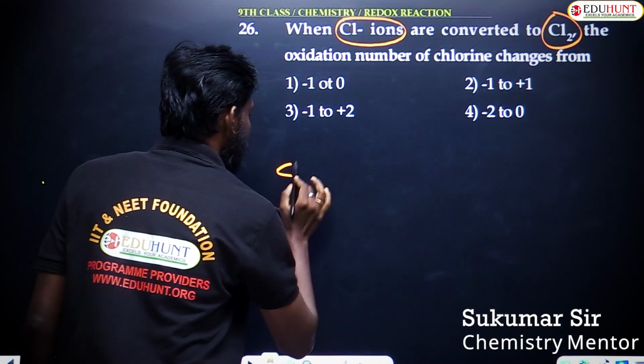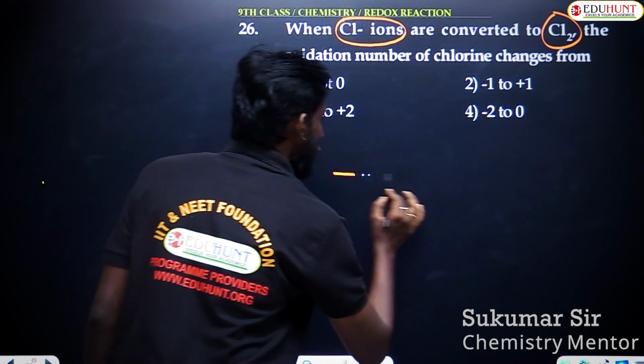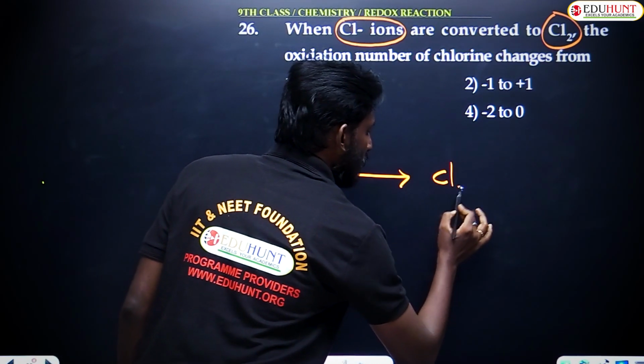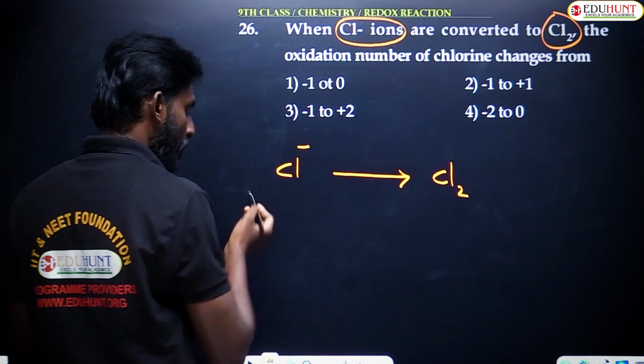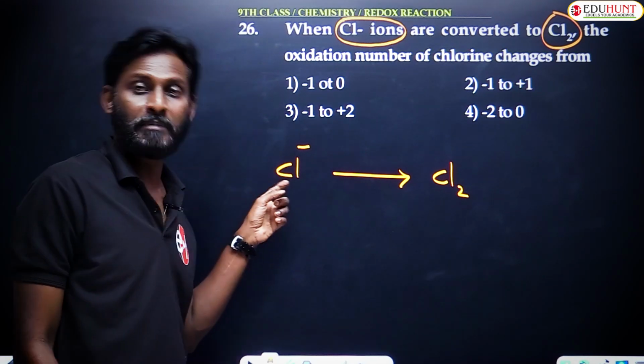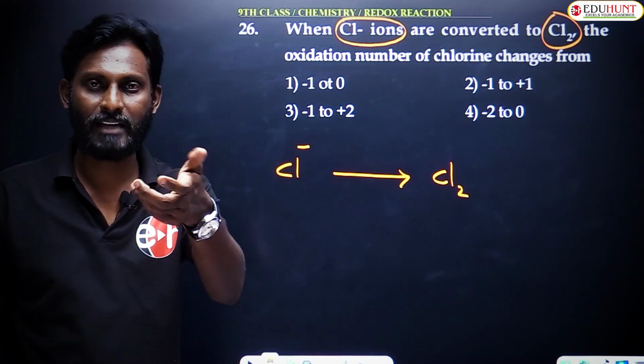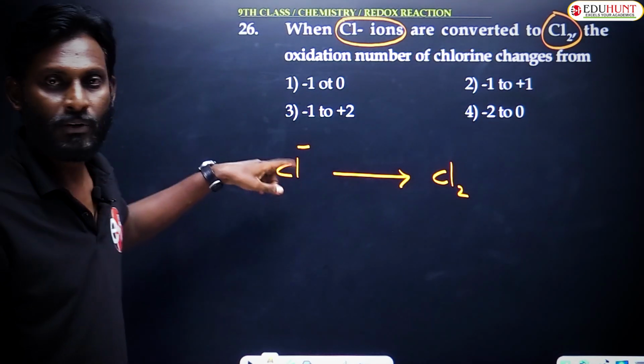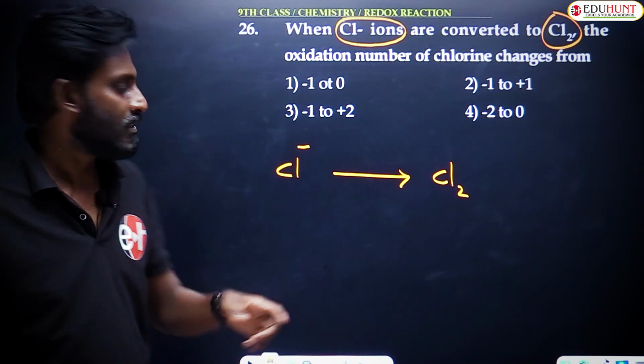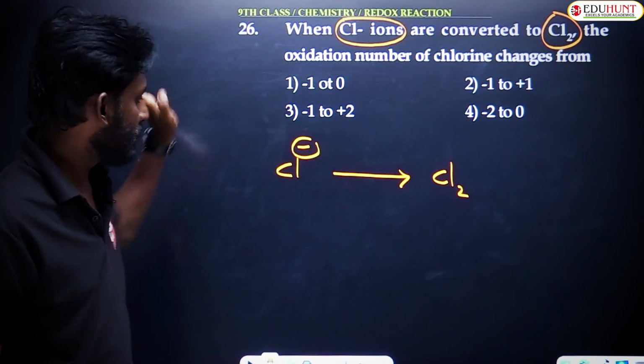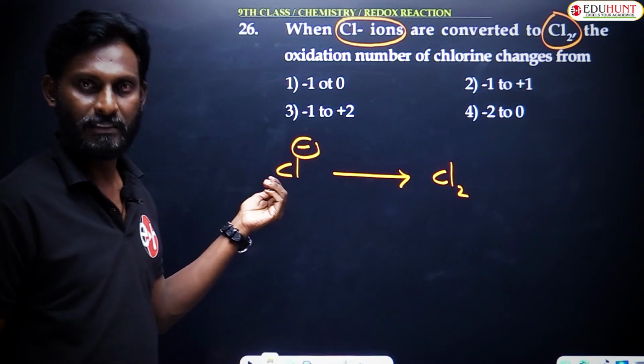See, Cl negative converted to Cl2. We know very well that when an atom is having charge, you can simply give the oxidation state by just looking at the charge. So, -1 is the charge.